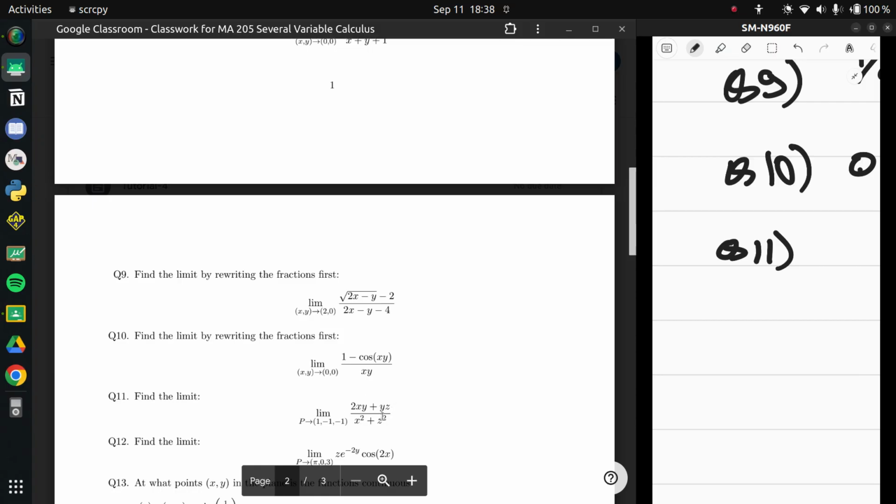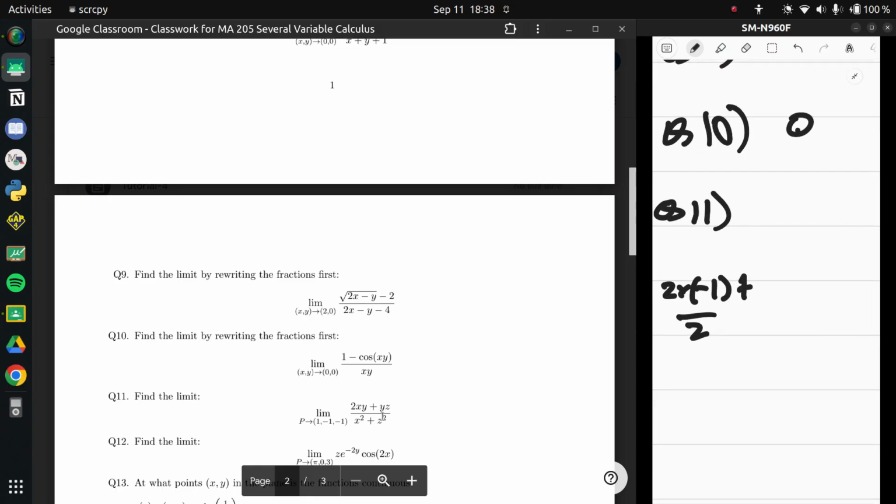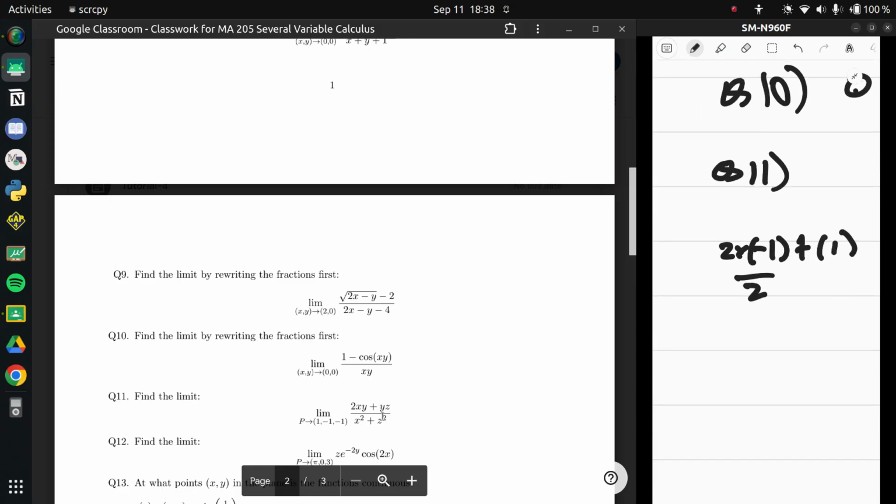And on top as well, it's just some number, so who cares? X square plus y square just turns out to be 1 plus 1, which is 2. So it's 2, and then 2 times xy minus 1, I suppose, plus yz, which is just 1 basically. This is really bad. Minus 1 by 2.